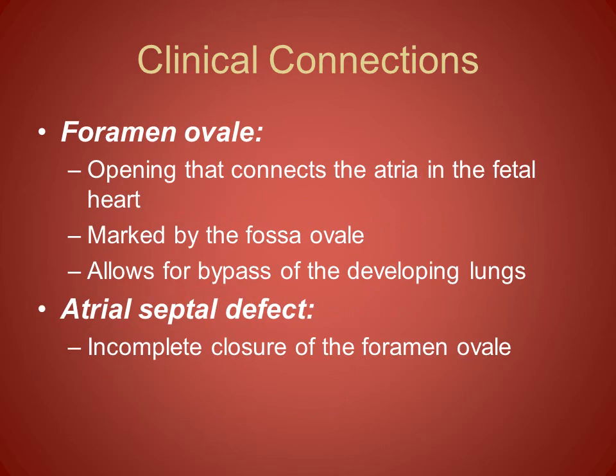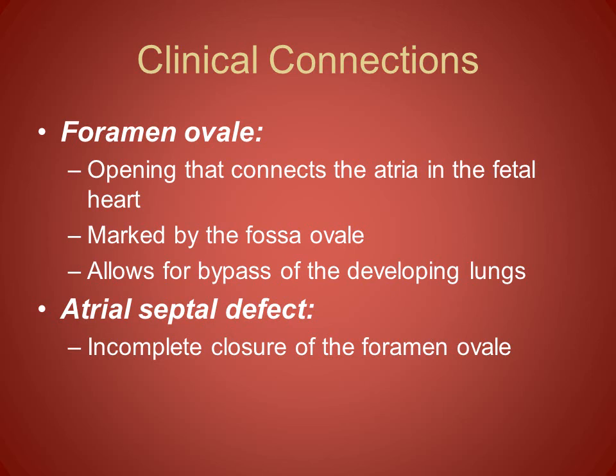There is that opening between the two atriums in the fetal heart. In healthy adults, you see scar tissue, which is the fossa ovalis. This allows for, like I said, that shunt or that bypassing of the lungs in the developing fetus.